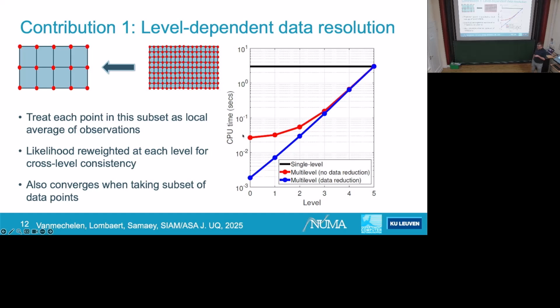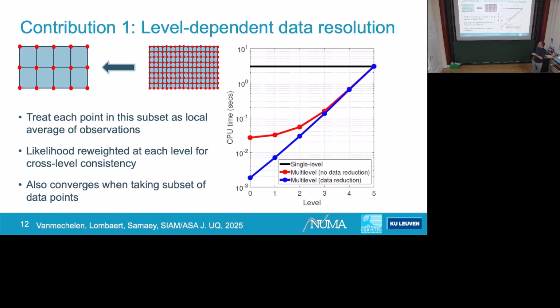So what's the issue now? The issue that we had was that we needed to change the likelihood function to go from the finer to the coarser mesh because the noise model basically changes if you go to a different level. I can explain this very intuitively as follows. If you look at this data point, it somehow represents information from around here. And if you want to have the likelihood consistent across levels, you need to make sure that the spatial resolution of where you measure your data is included.